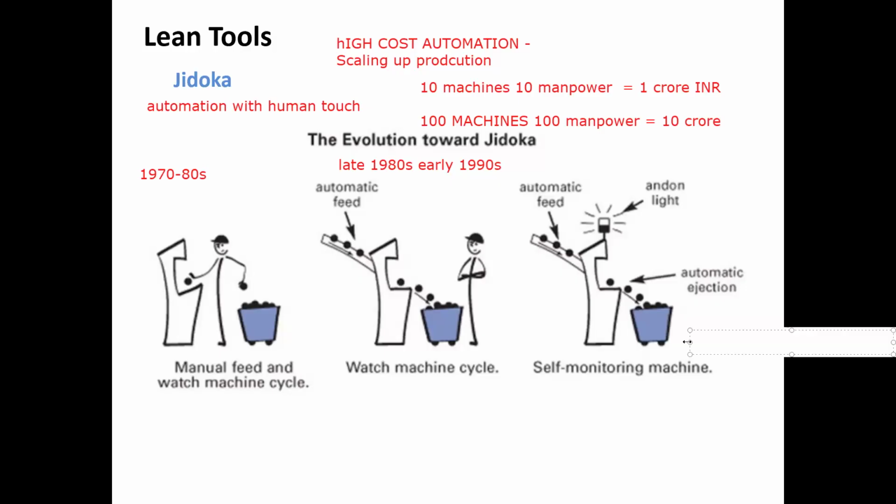Even though the initial investment might be very high, if we do it on a day-to-day basis, the operating cost is going to be very less, so the return on investment will be very high. So the concept of Jidoka is mainly helpful whenever you want to scale up your activities.